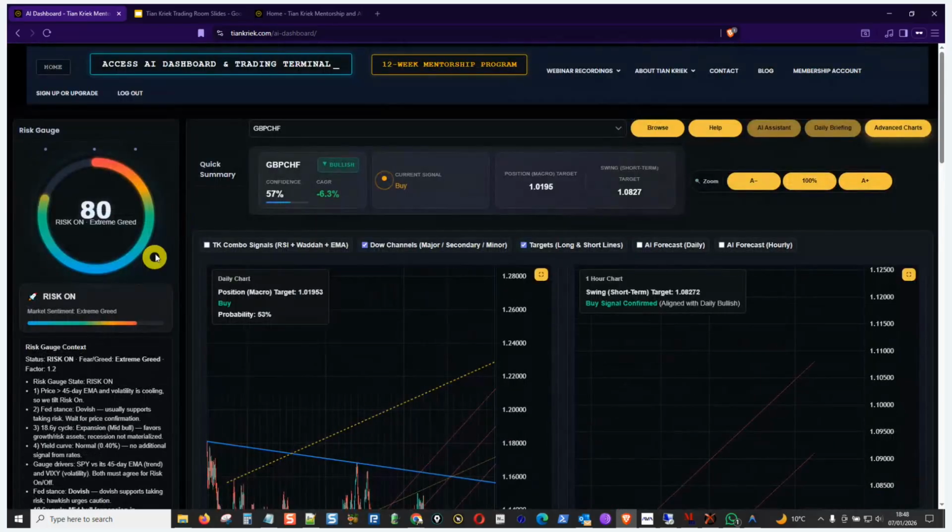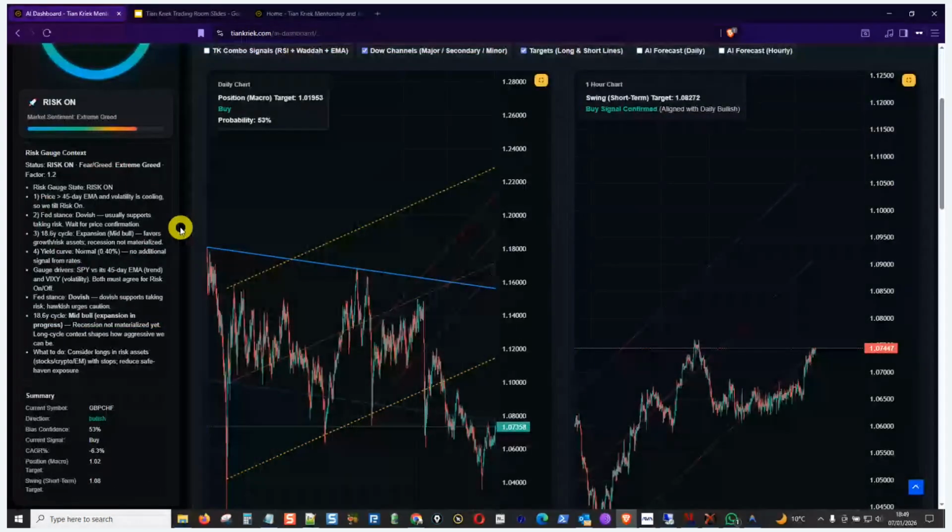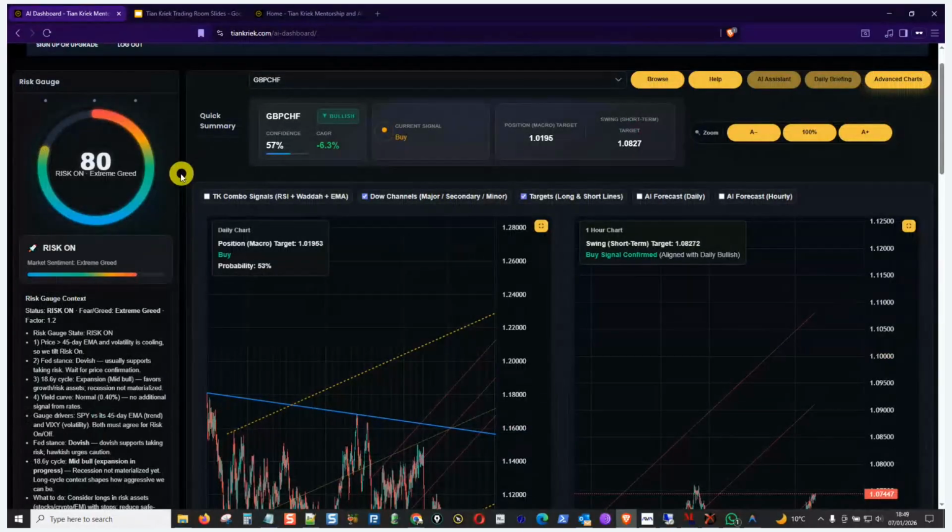We take into consideration the risk gauge, which is a combination of technical analysis with macroeconomic analysis and where we are in terms of the cycle and what the stance of the Fed is and so on. All right. I also have a look at volatility, but that's all included in the formula. All right. So we have the pound Swiss here.